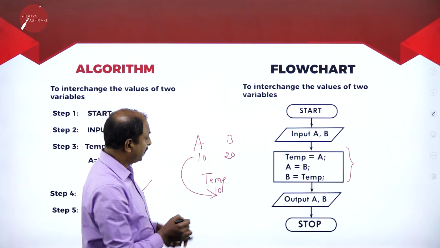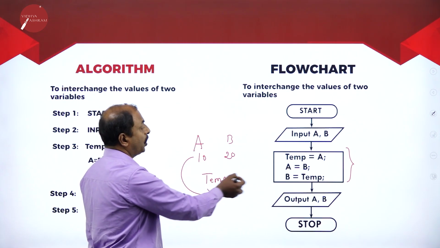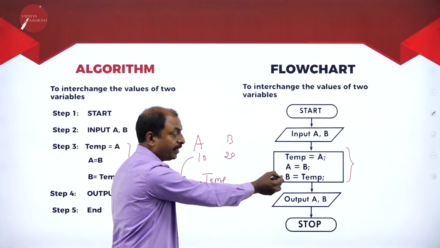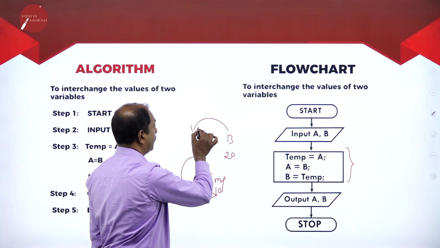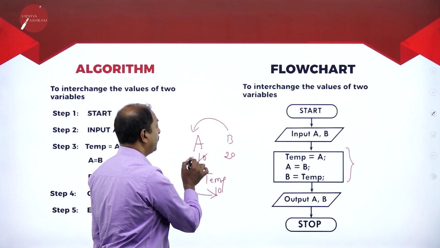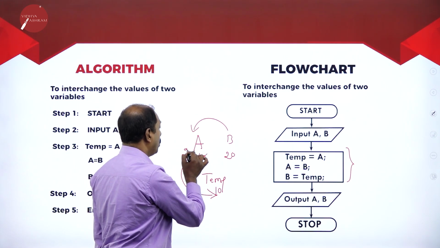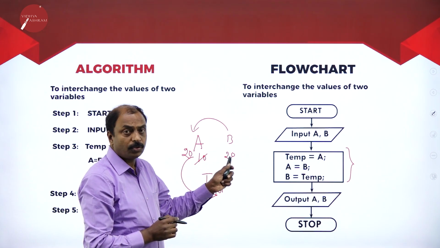Then A equals B: the value of B will be assigned to variable A. So it is going to overwrite the 10, and the value of A becomes 20. Now this is also 20.